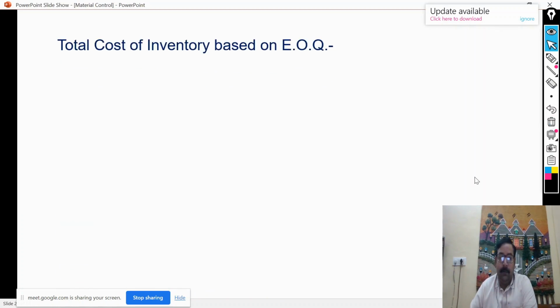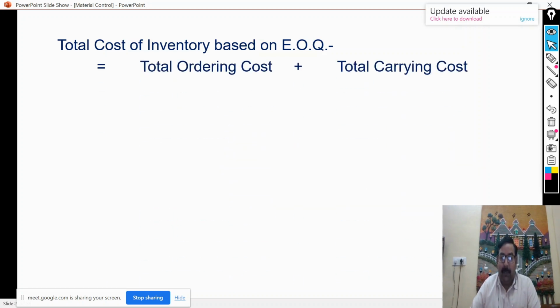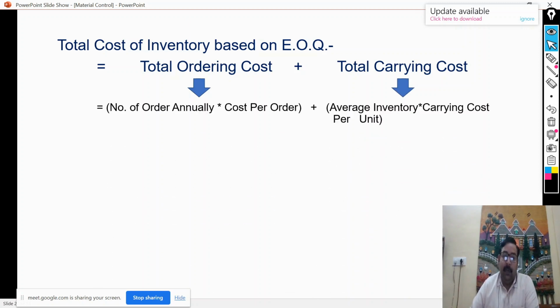Total cost of inventory based on EOQ. This is the calculation in the algebraic approach: how to identify the total cost of inventory based on EOQ. My EOQ is 200 units. Total ordering cost is number of orders annually multiplied by cost per order, and total carrying cost is average inventory multiplied by carrying cost per unit.